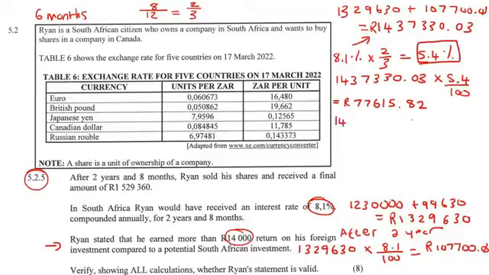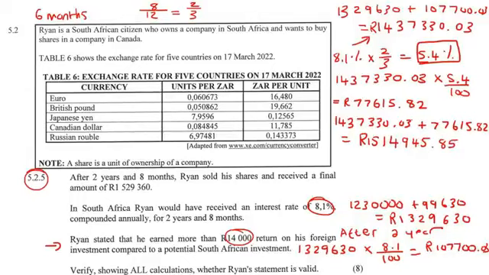Okay, so we're going to say 1,437,330.03 plus 77,615.82. And if we had to go work this out, we get 1,514,945.85.